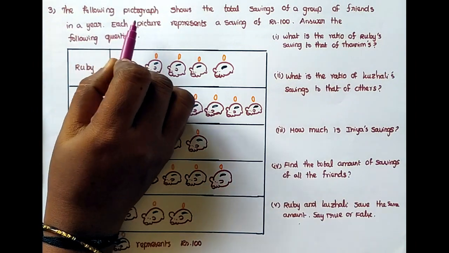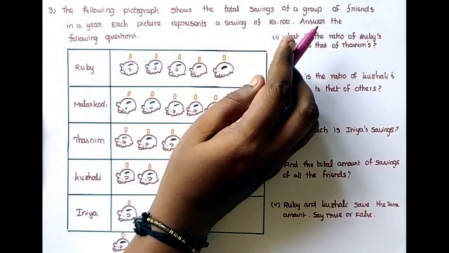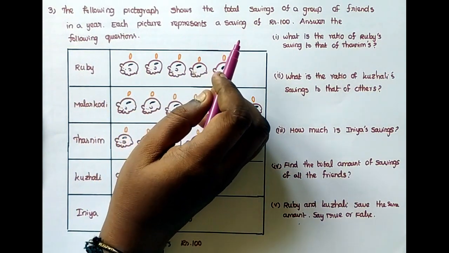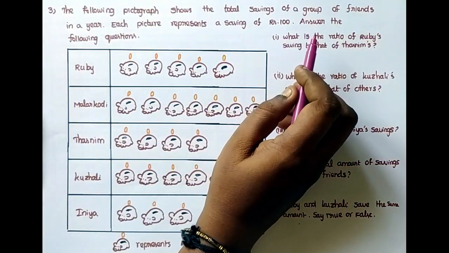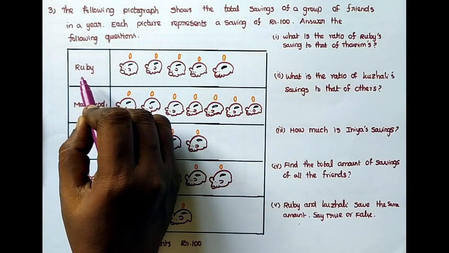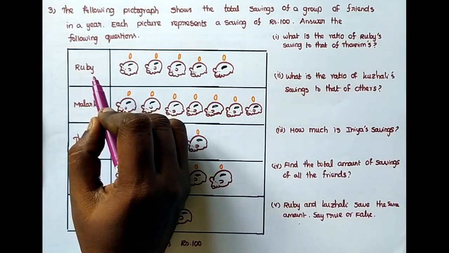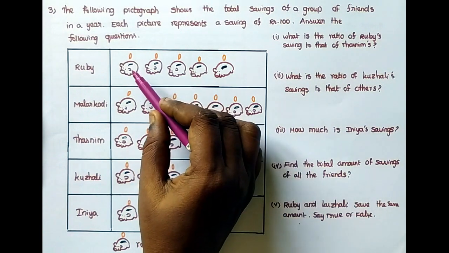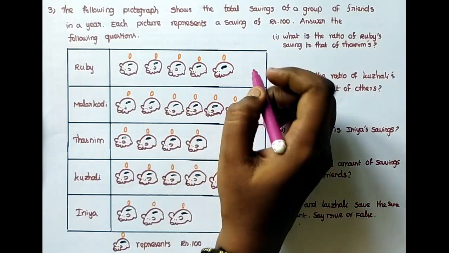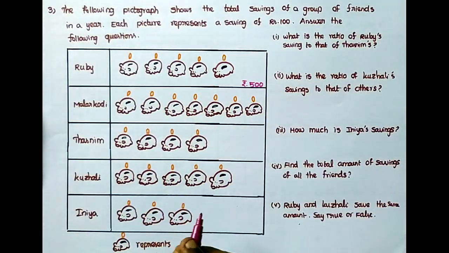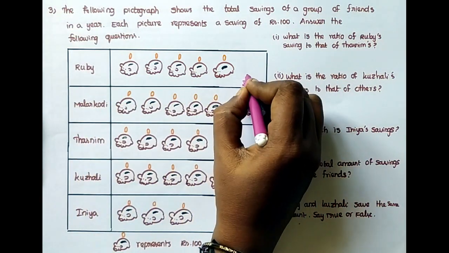Third sum, the following pictograph shows the total savings of a group of friends in a year. Each picture represents a saving of ₹100. So Ruby, how much is the savings? One picture is ₹100, so 5 into 100 is 500.